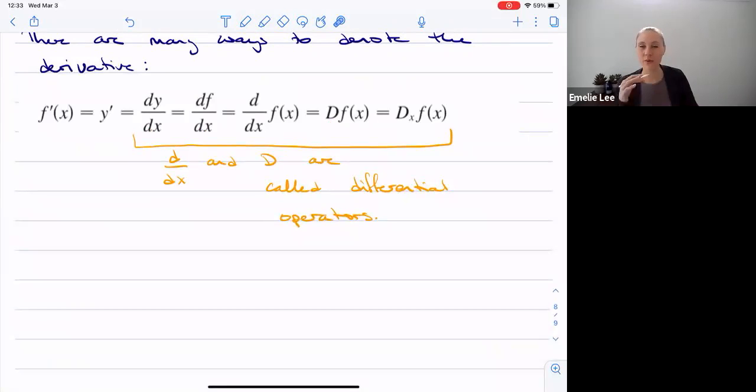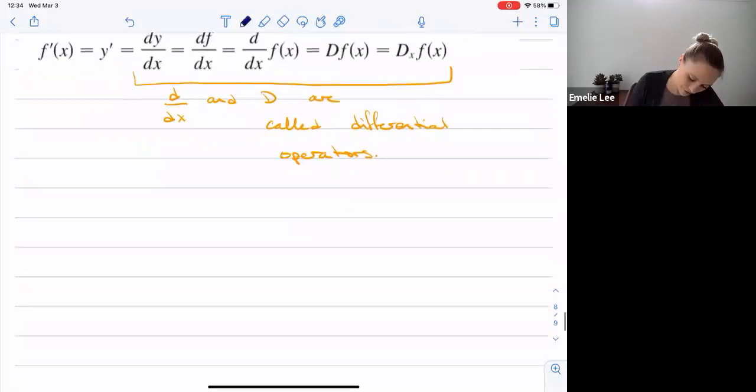Using these differential operators actually has one benefit. Although it makes your formula maybe look a little bit harder, it has the benefit of hinting at units, especially in things like physics, chemistry. We can use these differential operators to figure out what our units might be, and it goes for higher derivatives especially.